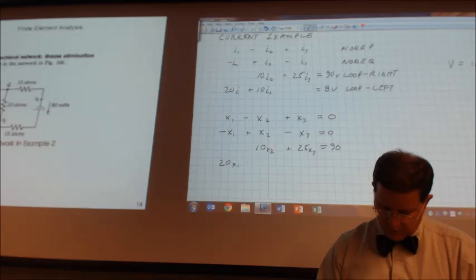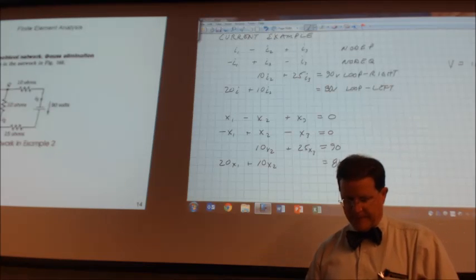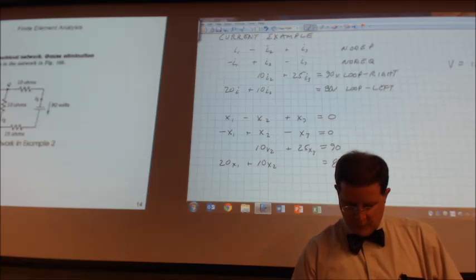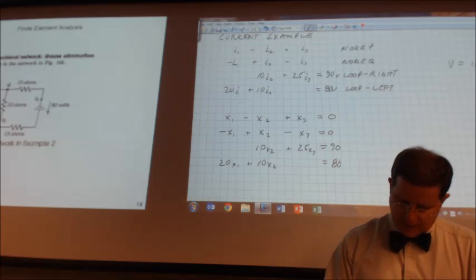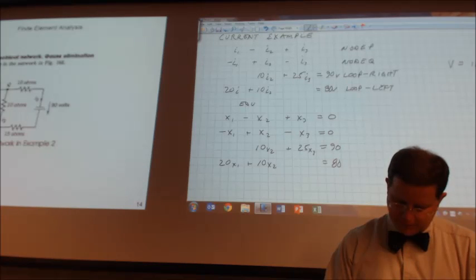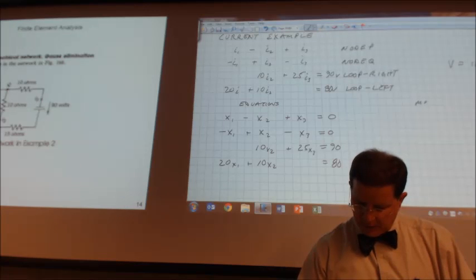Plus 1. And this is supposed to be 80. So these would be our equations. And this would be our matrix.